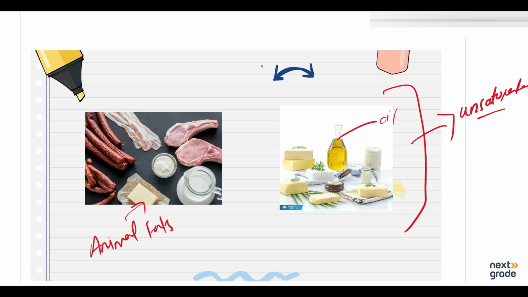These are solid at room temperature. Why? Because these are saturated fats. And fats and oils are lighter and have a specific gravity of about 0.8. They are not crystalline, but some can be crystalline under certain specific conditions, right?